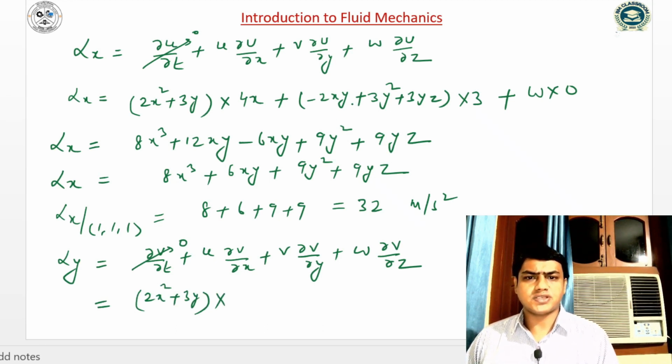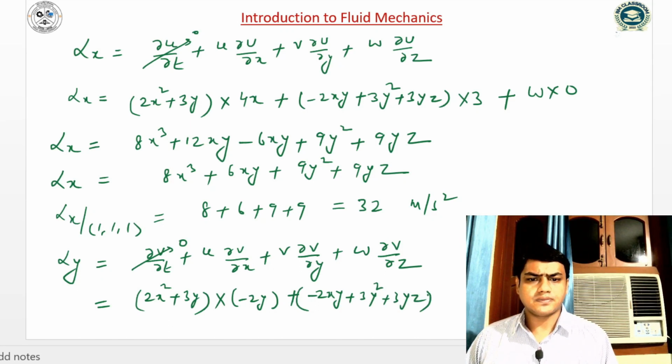It will be minus twice y, plus v into del v by del y. So v is minus twice xy plus 3y square plus 3yz, into del v by del y. What is del v by del y? Del v by del y is minus twice x plus 6y plus thrice z, plus w.